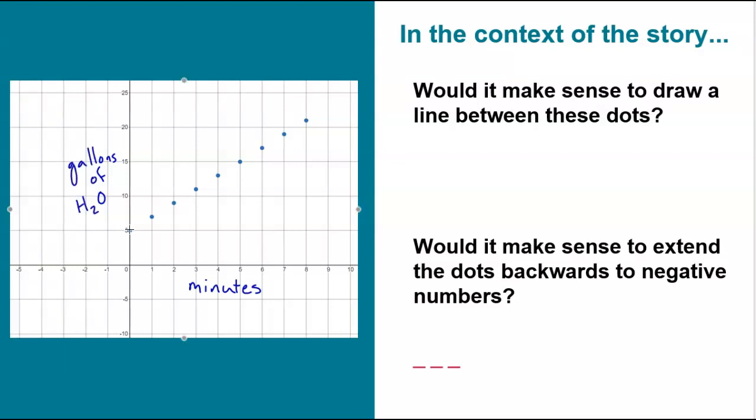So grab my line here again. If I draw a line here now, draw up like this, the question is, does this point make sense? At half a minute, were there 6 gallons in the pool?